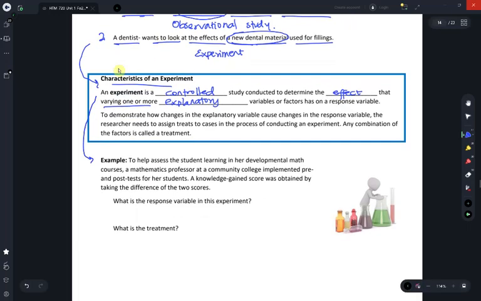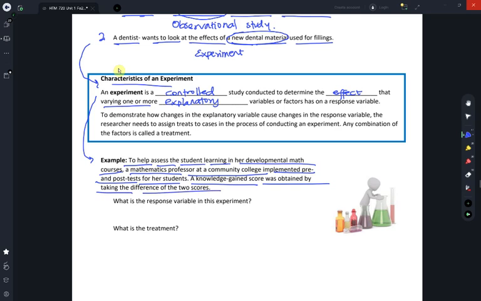Here's another example of an experiment. To help assess student learning in developmental math courses, a mathematics professor at the college implemented pre and post tests for students. A knowledge gain score was obtained by taking the difference of the two scores.